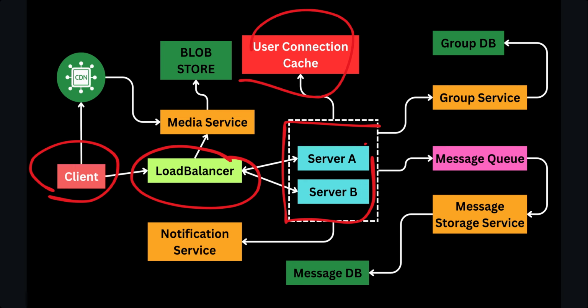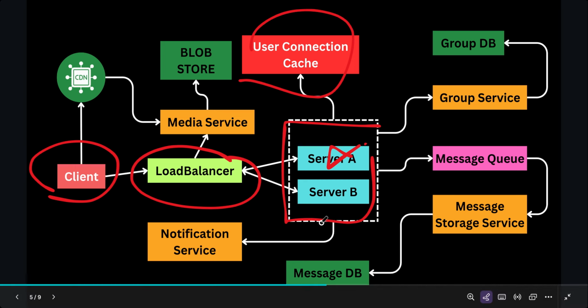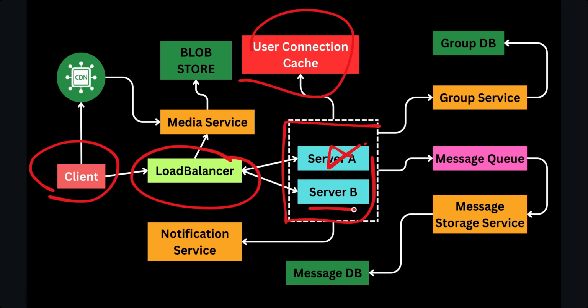So the recovery will be like this: if server A crashed, the user's WebSocket connection is broken. The client is designed to automatically attempt to reconnect. The load balancer will redirect this reconnection attempt to a healthy server, for example, server B. Server B then uses the user connection cache to determine the user is now connected to it, and can resume the session.